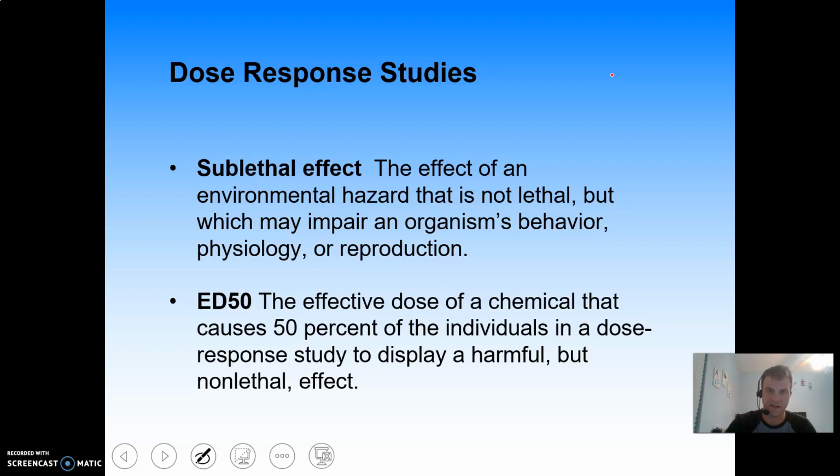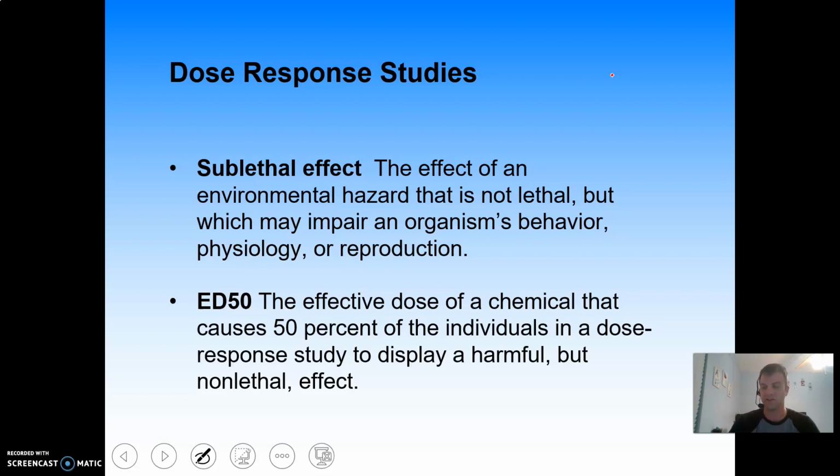The sublethal effect is the effect of an environmental hazard that's not lethal, but which may impair an organism's behavior, physiology, or reproduction. So not every chemical is going to kill the population, but it can severely harm the animals in there.